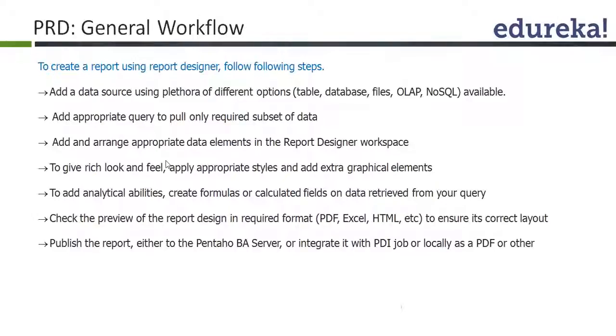Check the preview. So before you run the PDF, actually creating the job, you can check the preview, make sure it is coming up properly, and then you can go for generating the report, because generating a report has more overhead than seeing a preview.